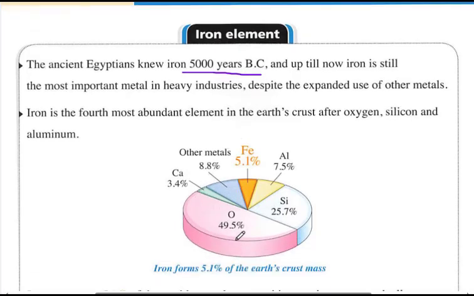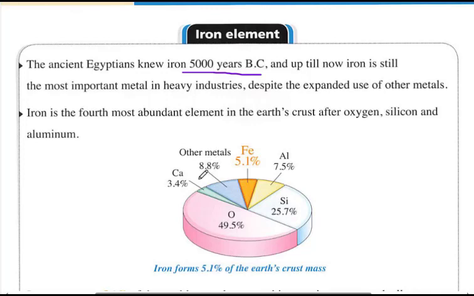So oxygen makes up nearly half of the Earth's crust, 49.5%. After that comes silicon, 25.7%, then aluminum, 7.5%, and then iron with 5.1%.